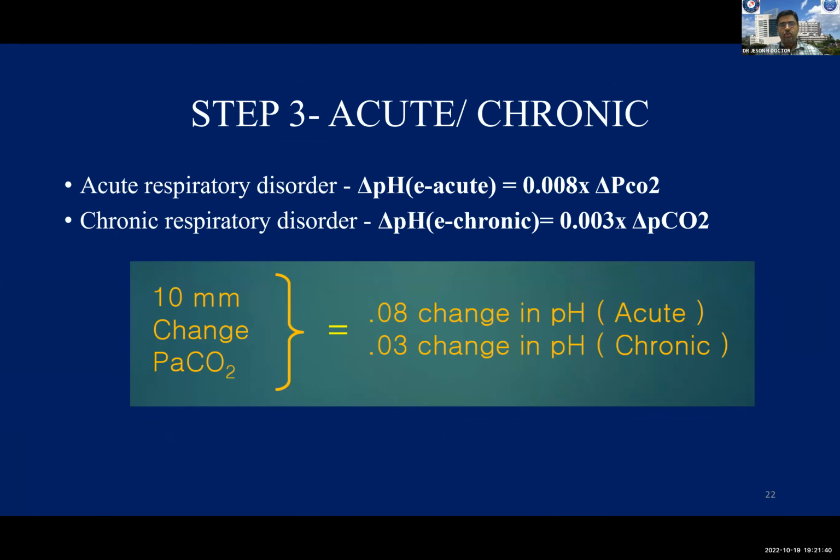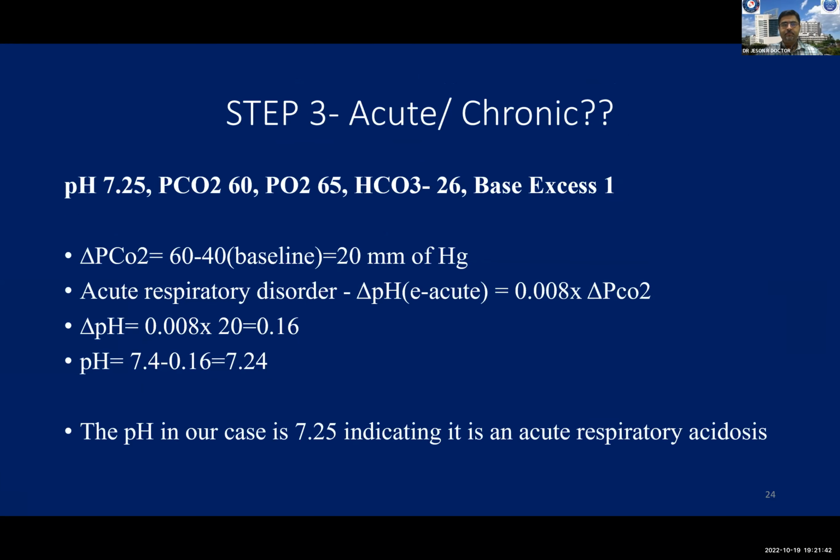So to give you an example, this is the same case that I'm continuing. You can find out the delta PCO2: it is 60 and the baseline is 40. So 20 millimeters of mercury is the delta PCO2. You multiply this 20 by 0.008 and 0.003 and check what the value of pH is, and which is closer to the clinical pH.